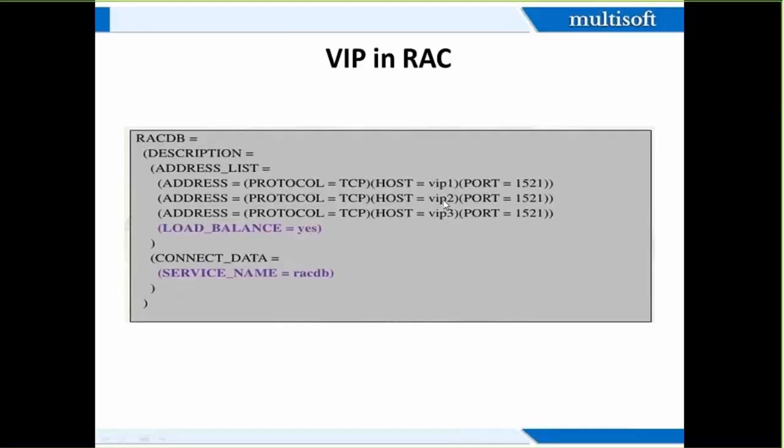So the client basically uses a virtual IP address to connect to the Oracle RAC database instance. This VIP address is a static IP address for a specific server node in the cluster that resolves to a host name through the hosts file or the domain name system DNS, and the new thing is GNS. So for the name resolution of these VIPs, we can use DNS or GNS. We will discuss that in the meanwhile.